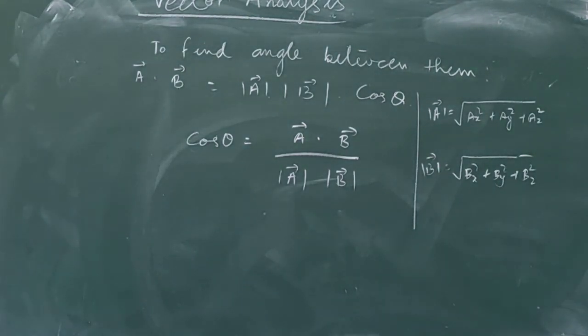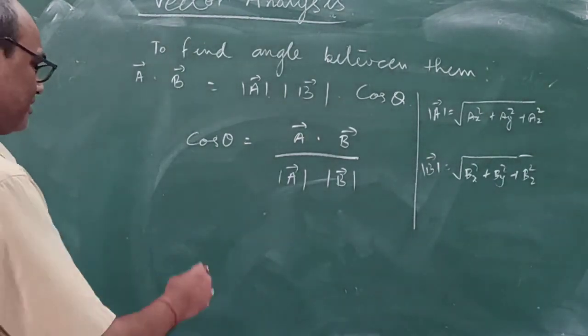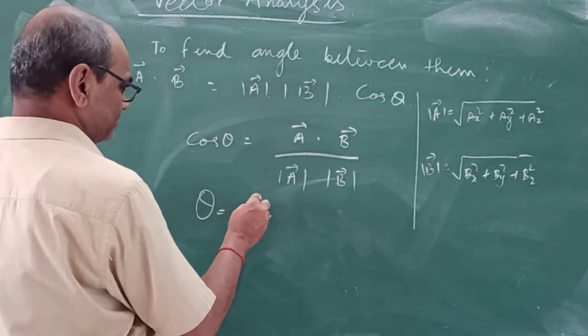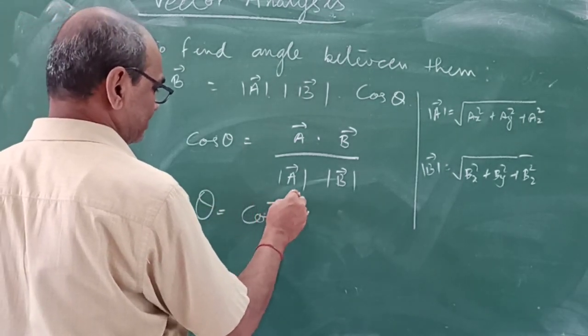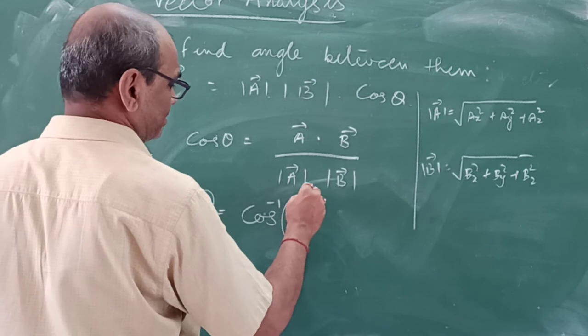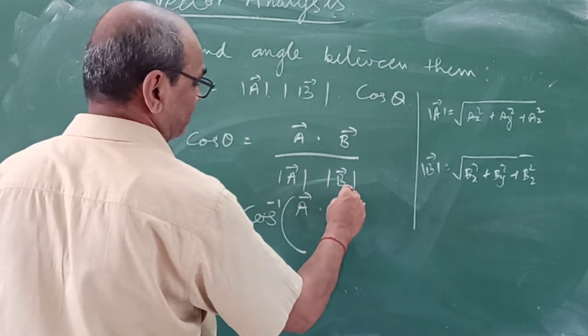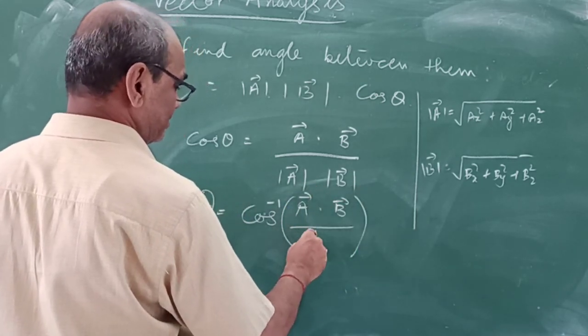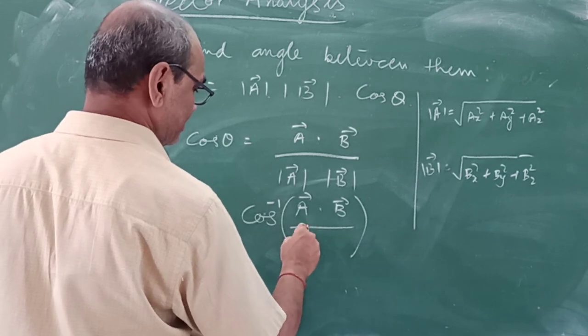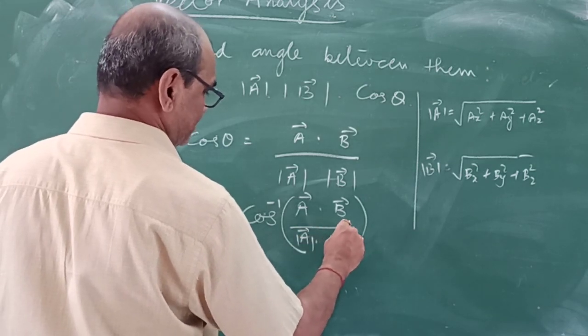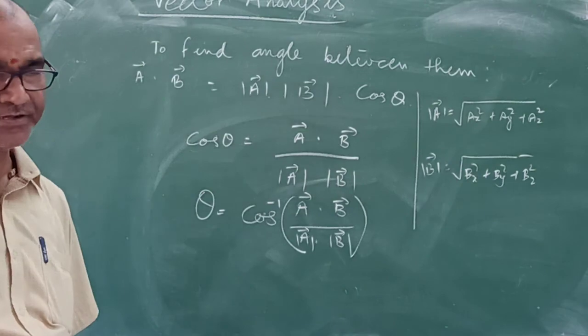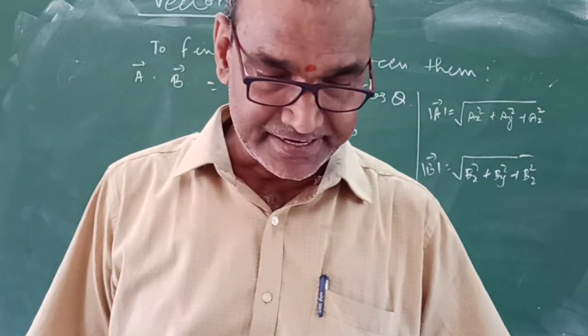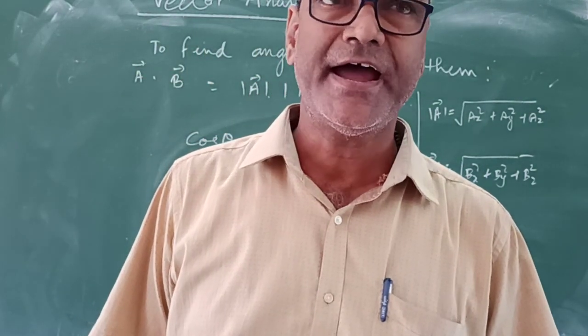Theta is the angle between A and B. Therefore, theta is equal to cos inverse of A dot B by mod of A into mod of B. Then we can find the angle between A and B.